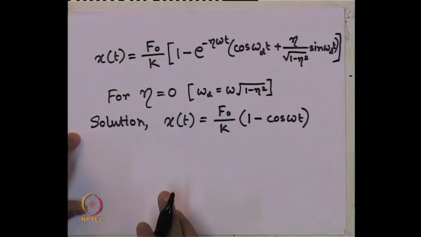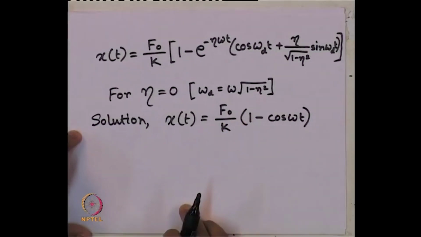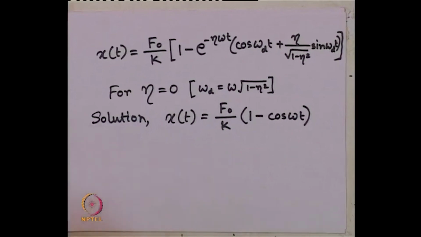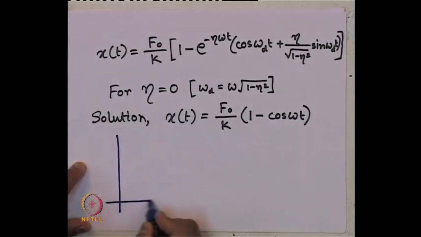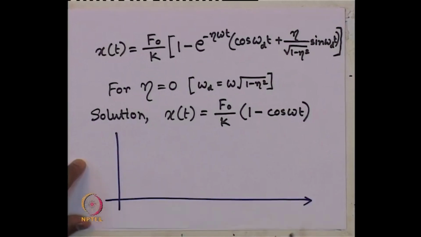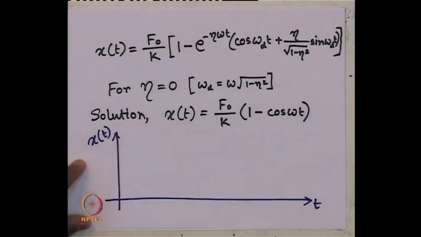So, for an undamped system subjected to a forced vibration with a constant force f naught, the solution is like this. And if we want to plot its response with respect to time, how should it look? So, we are plotting the total response x of t with respect to time t. When t equals 0, where should it start?